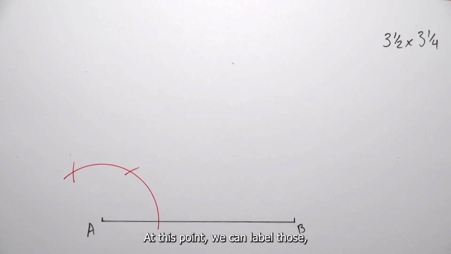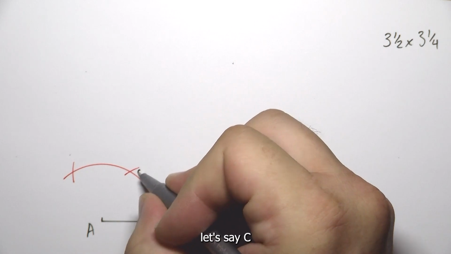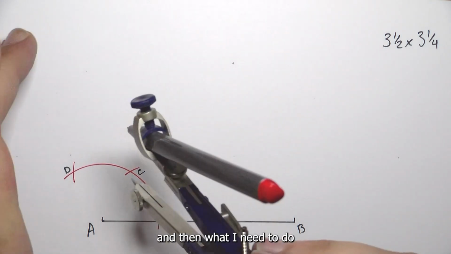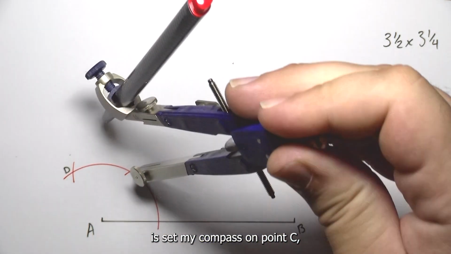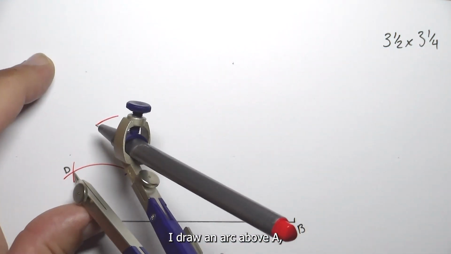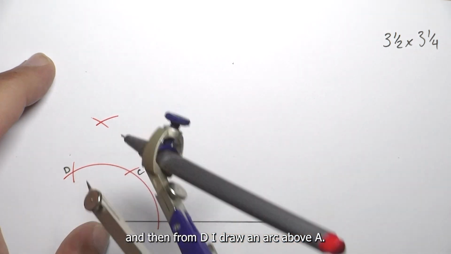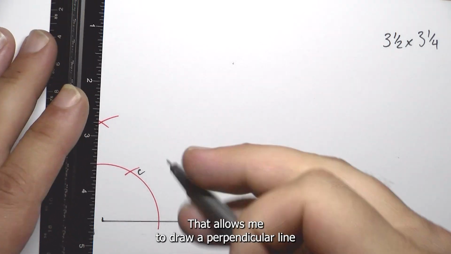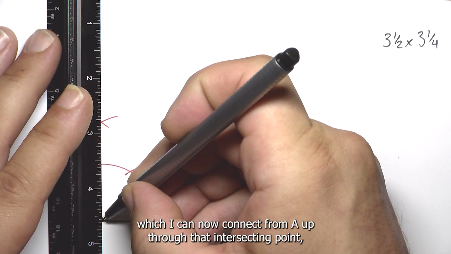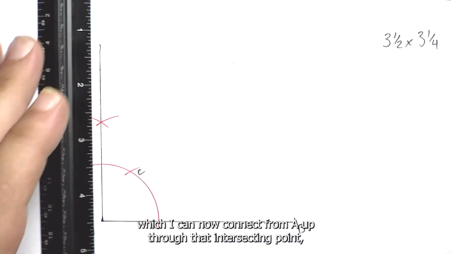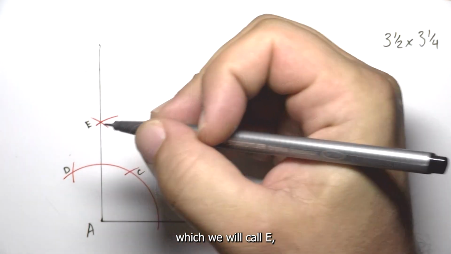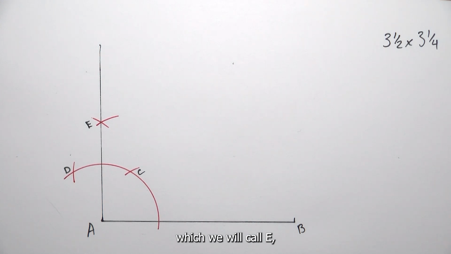At this point, we can label those, let's say, C and D. Then I set my compass on point C and draw an arc above A, and then from D, I draw an arc above A. That allows me to draw a perpendicular line, which I can now connect from A up through that intersecting point, which we will call E. Now I have my perpendicular to line AB.